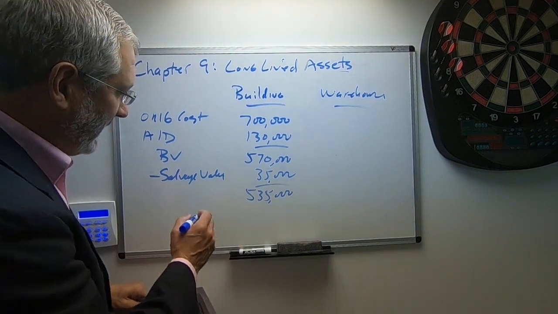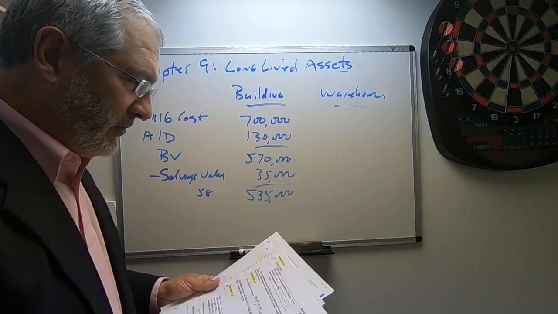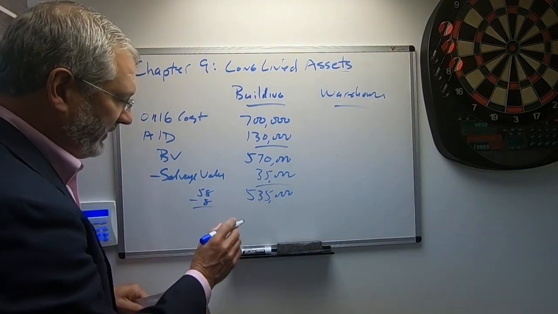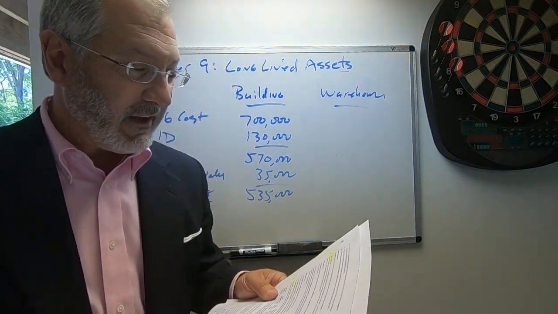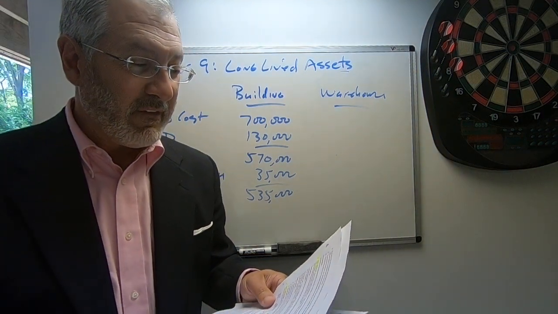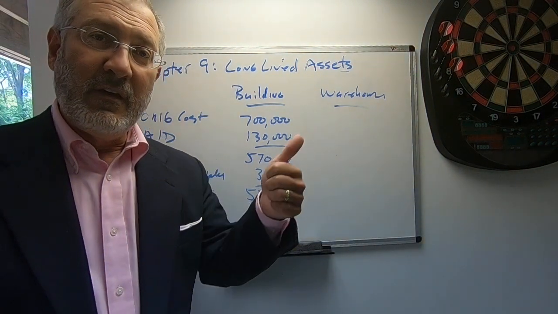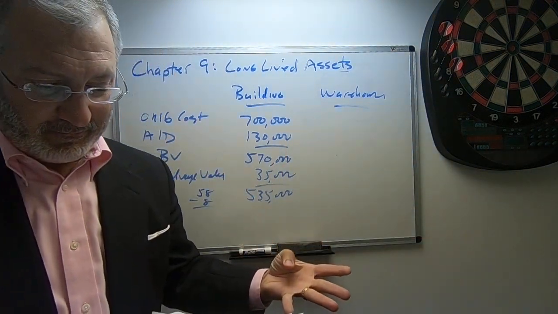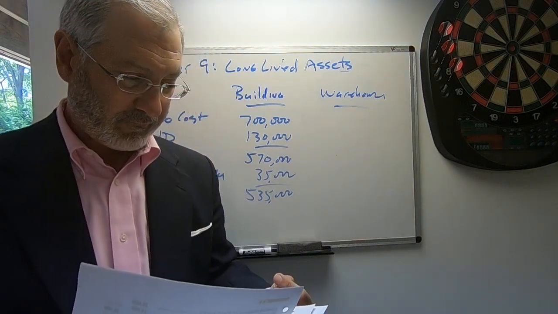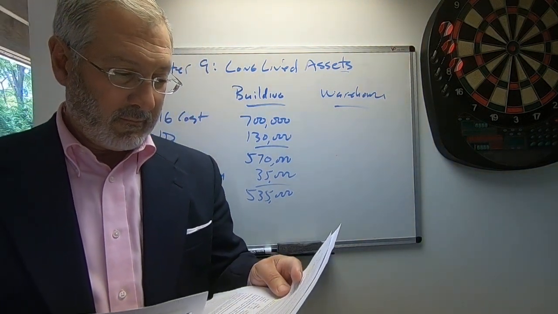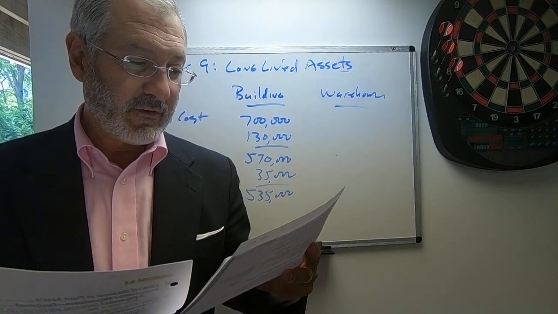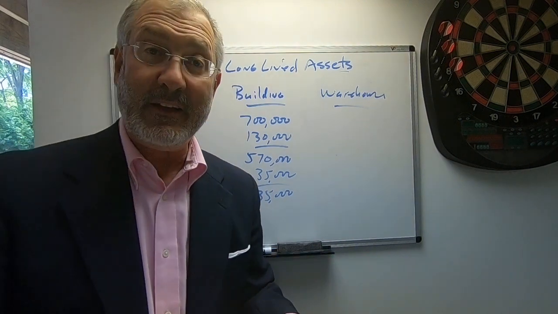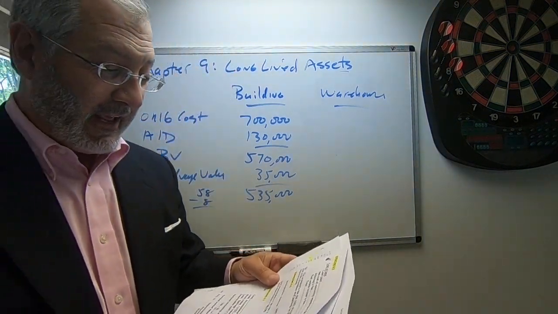So the problem said the new useful life was 58 years, and they've already gone 8 years on that. What are the 8 years? Well, it was put in service, acquired, January 1, 2014. So 14, 15, 16, 17, 18, 19, 20, 21. This goes in service when? 2014. So they have gone a total of 8 years already.